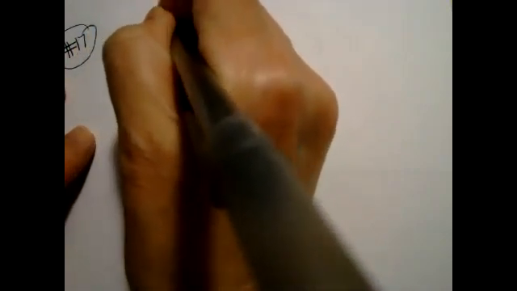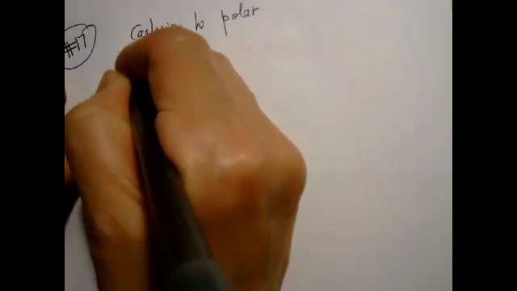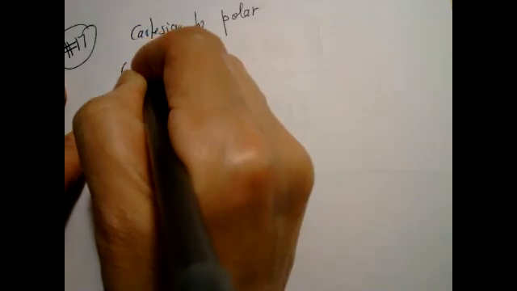Number 17, section 8.3. All right. Convert the Cartesian coordinate to polar coordinate. So we have to convert from Cartesian to polar, and the point is minus square root of 3 and 1.